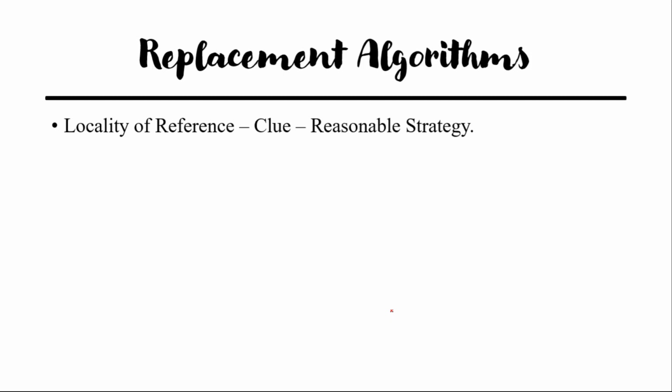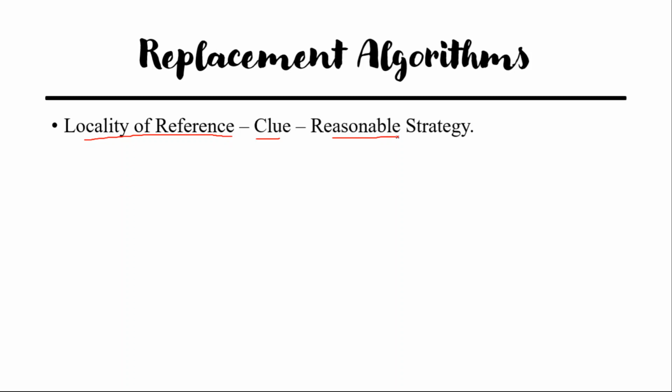The program may be given anyway. Here the concept of locality of reference may help a little bit to devise some strategy for replacement. The concept of locality of reference says there are two things: temporal locality and spatial locality.